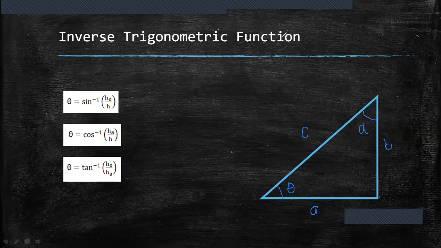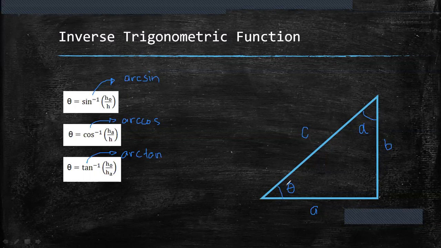So, simply, we can get the value of an angle by doing the inverse trigonometric function, which is sine raised to -1, or more properly read as arc sine, or arc cosine, or arc tangent.